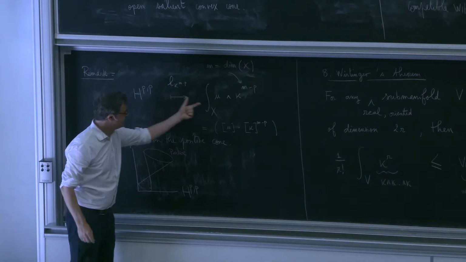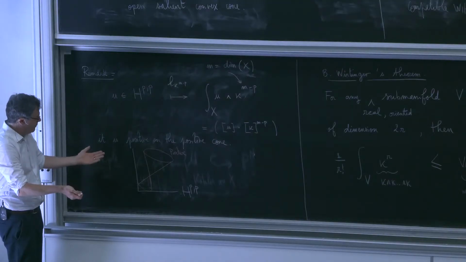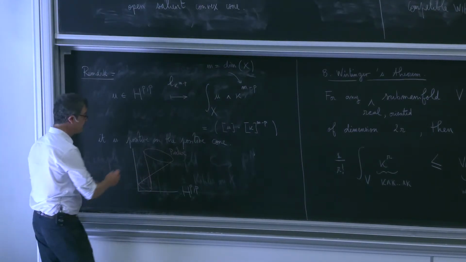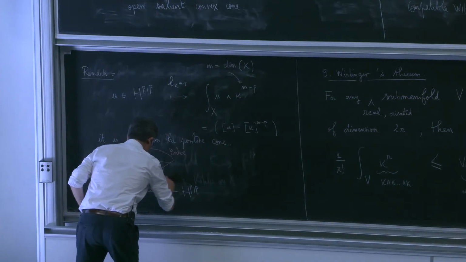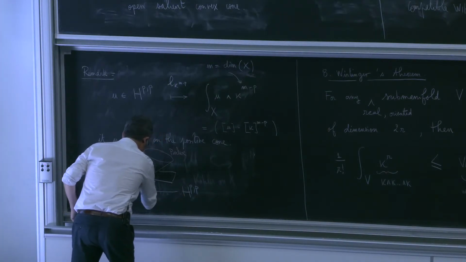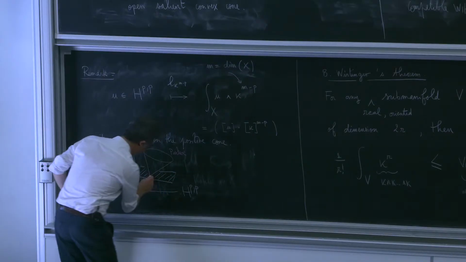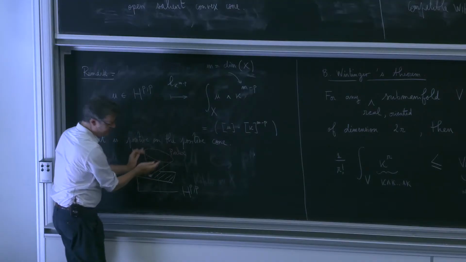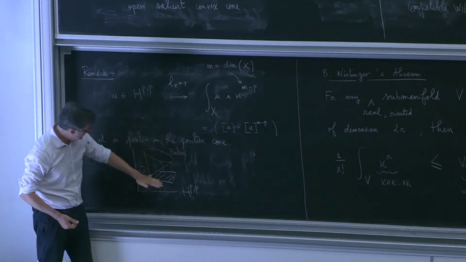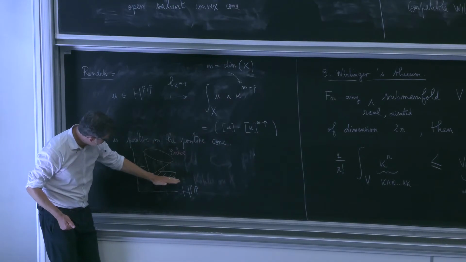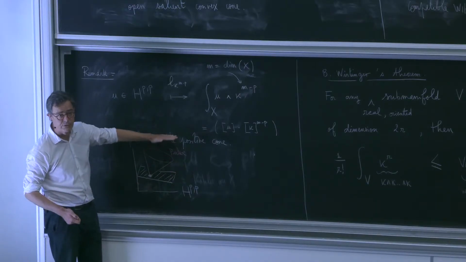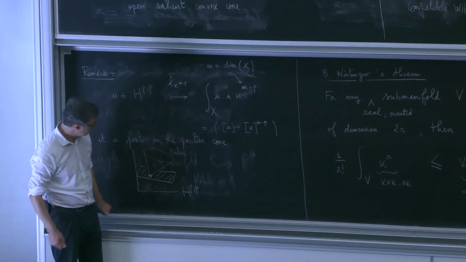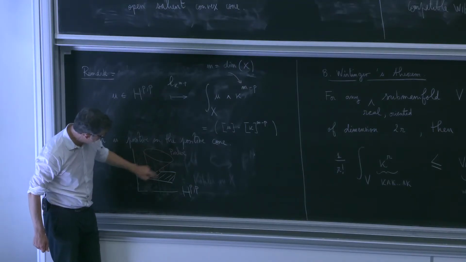This linear form has a kernel, and this kernel is a hyperplane, because it's a non-zero linear form. So the positive cone is on one side of the hyperplane, and this linear form takes only positive values on this positive cone. So this is a closed positive cone.